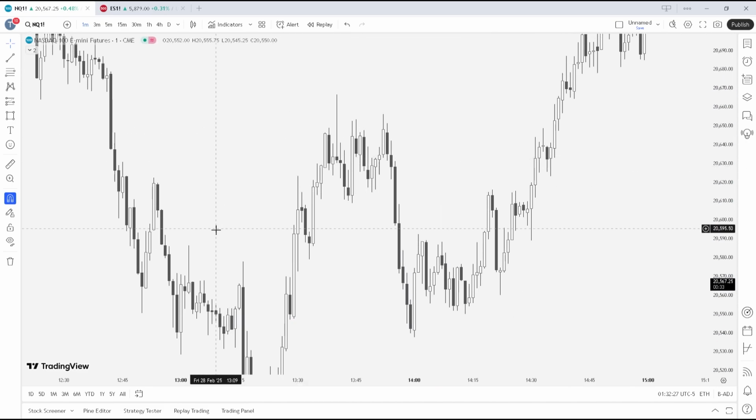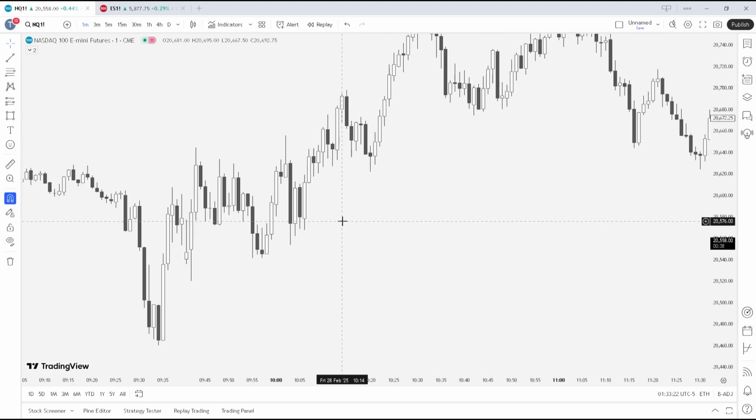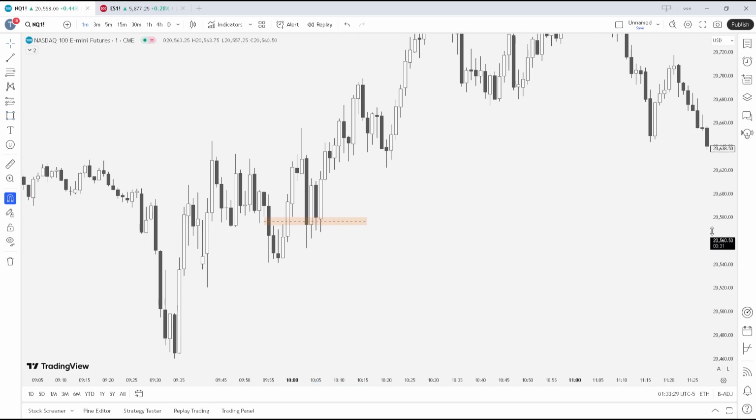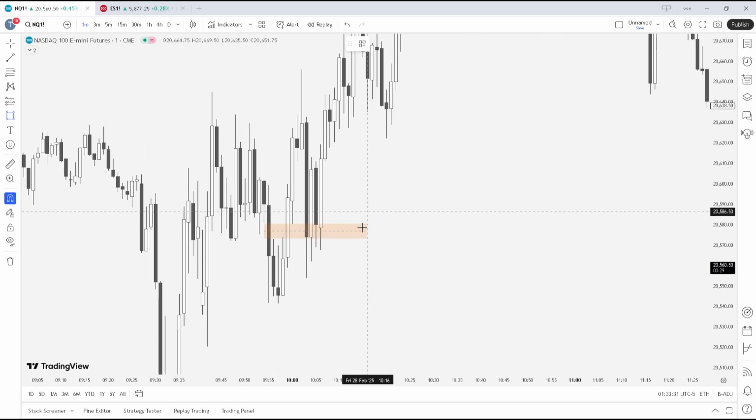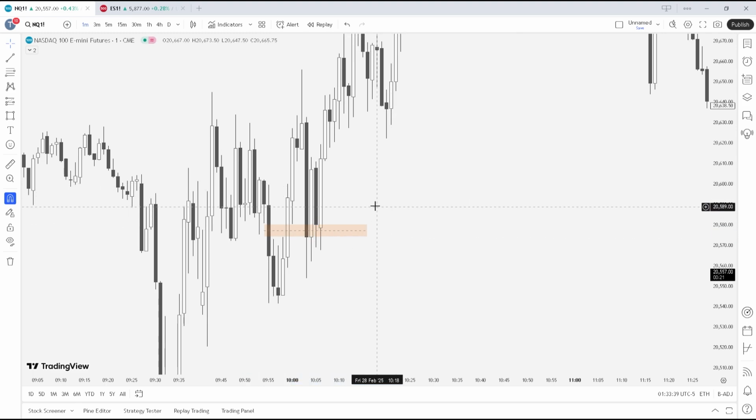For another example, let's take a look at, okay, so right here we have another BPR. So this is the inversion. This is the FVG. So then your BPR just becomes this right here.